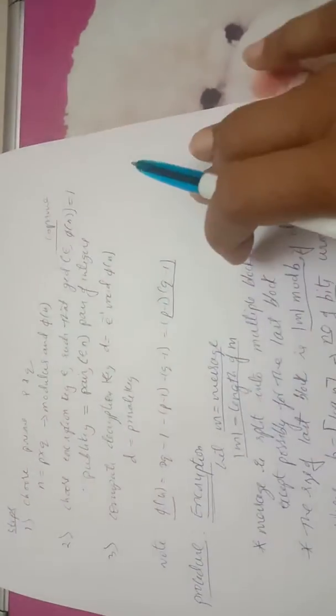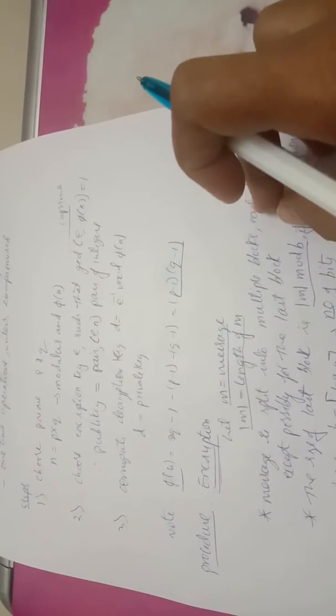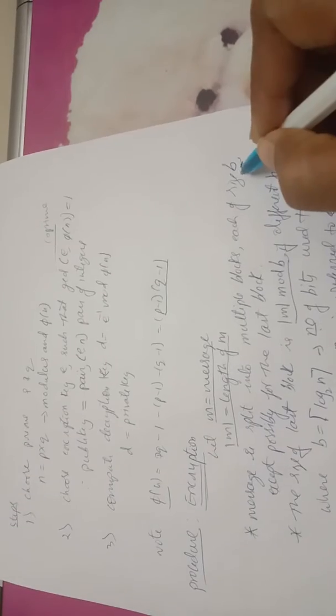The encryption is done as follows. The given message m will be divided into a number of blocks, and the length of each block is given by the value b, where b is the ceiling function of log n.